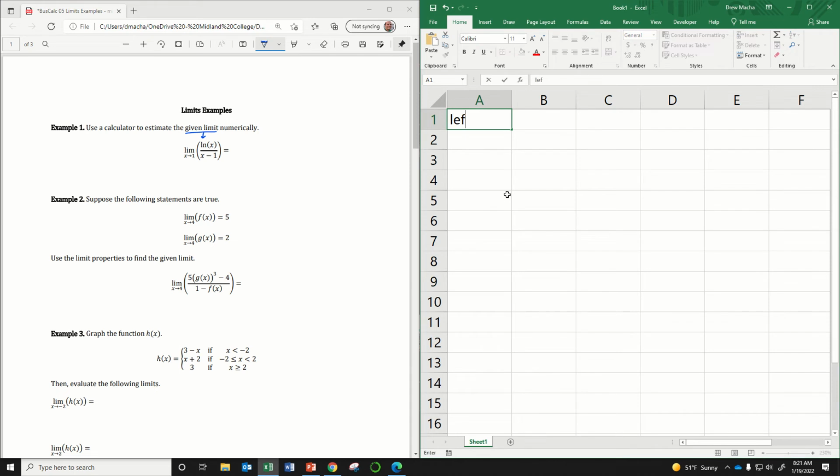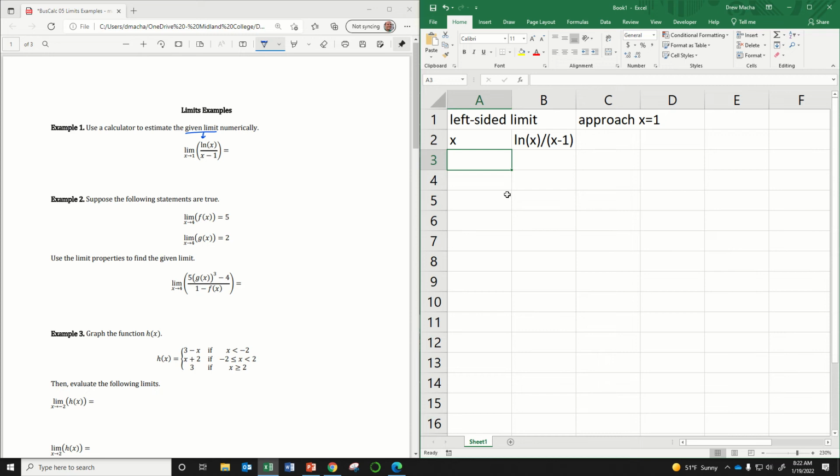I'm going to start with the left-sided limit. And I'll make a column for my input values and for my output values, which should be natural log of x divided by x minus 1. And I'm trying to approach x equals 1 from the left side for my left-sided limit.